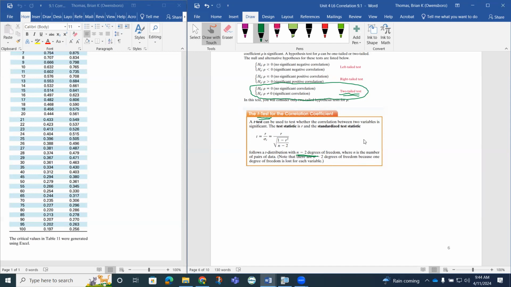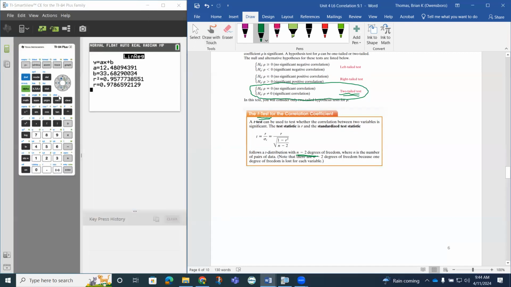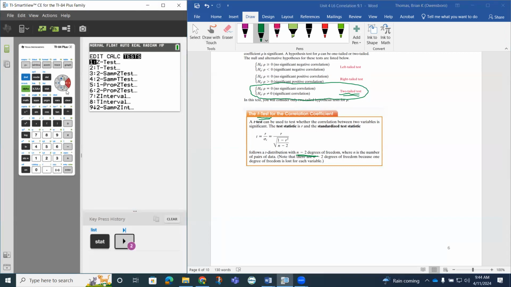Now, instead of using this formula, we can use a calculator to find this test statistic. So if we go to stat, go to test, I think it's like F or something. It's way down here. Yeah, this one that says linear regression t-test. That's the one I want.